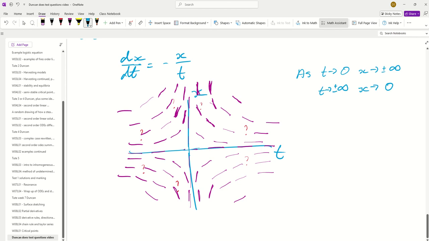You can also make comments on what the derivatives are doing. Essentially, as t goes to plus or minus infinity, dx/dt is also smoothing out. Right, as t goes to 0, from any direction, the derivative is also becoming infinitely steep.